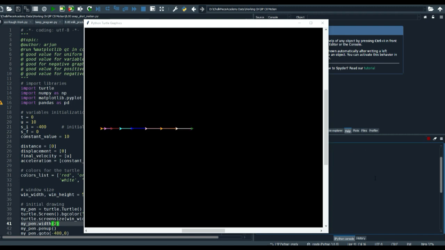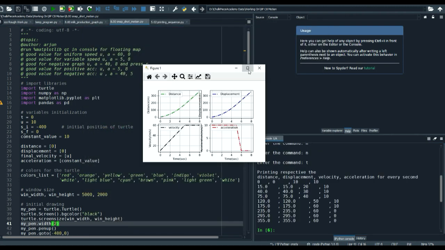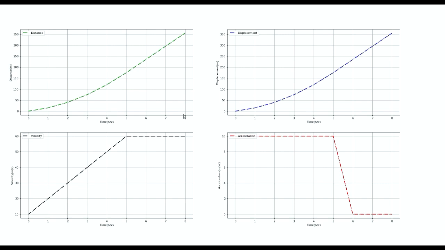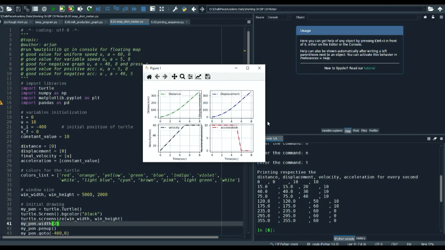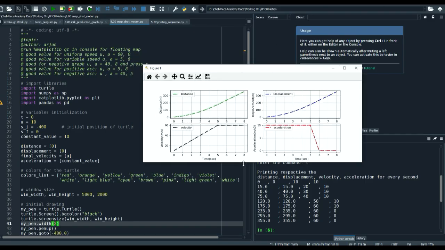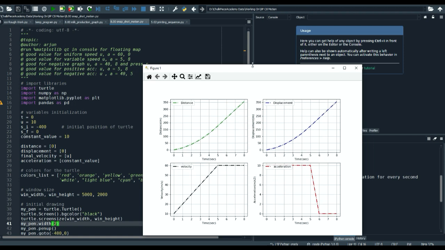And now I'm going to terminate the procedure. On cancellation, I'll get the graph. So what is the time over here? 8, and this is a distance time graph. At 8 seconds, the distance is around 350 plus. If you want the exact answer, you need to zoom in, and at the corner you will be able to find that. Let me show it to you.